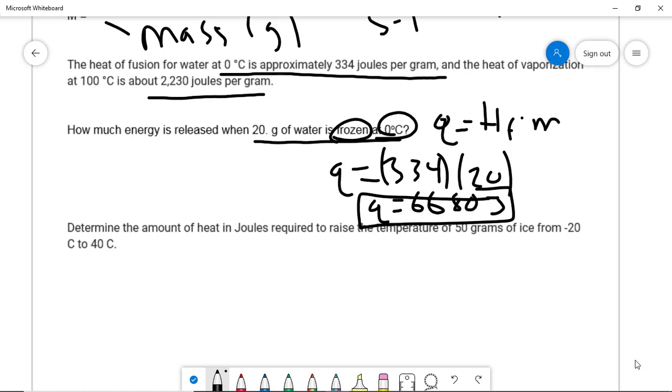Because if you remember on that chart, great chart here, this part here, when we undergo a phase change, requires a different calculation. What the question is saying is we need to go from negative 20 degrees of water down here to 40 degrees up here. So that's going to require 3 different calculations. One calculation is to go from negative 20 degrees Celsius to 0.